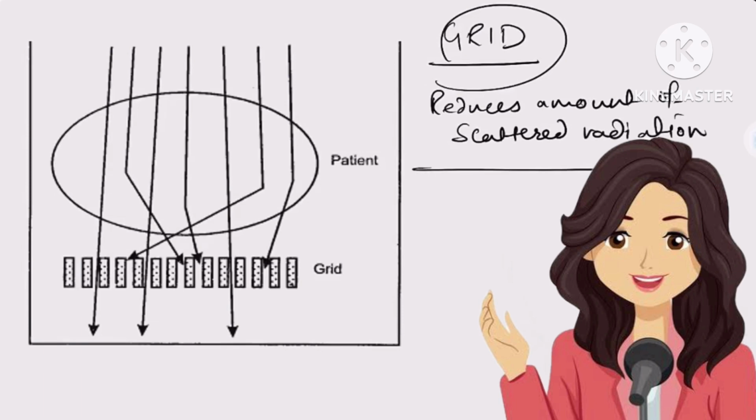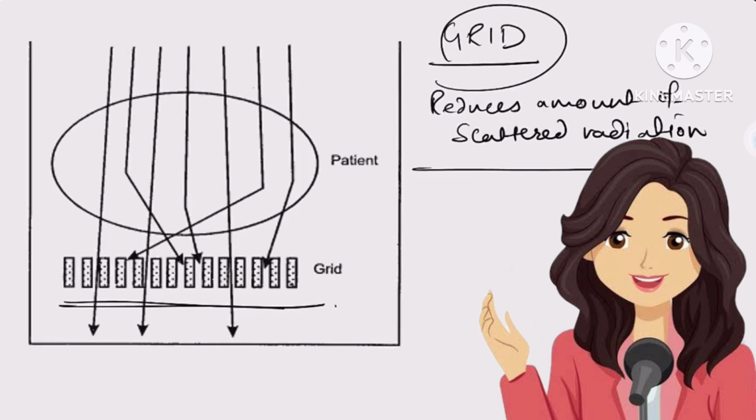Now, how does this reduce the amount of scattered radiation? When you keep this grid, the radiation comes. There are some primary radiations. There are some scattered radiations. What will the grid do? We keep the grid.